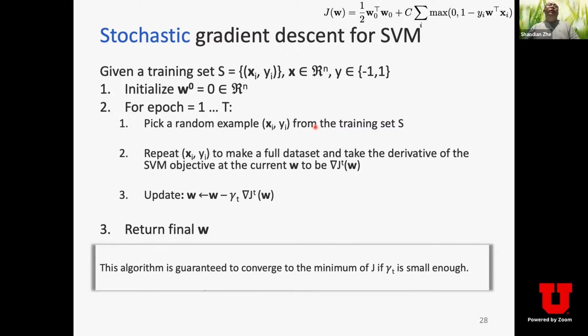Another question before we move on? Okay, great. So here I want to highlight the result that the algorithm is guaranteed to converge to the minimum of our objective function if gamma t is small enough. Later we'll introduce two sufficient conditions on how you schedule gamma t to ensure this stochastic gradient descent framework converges, right?